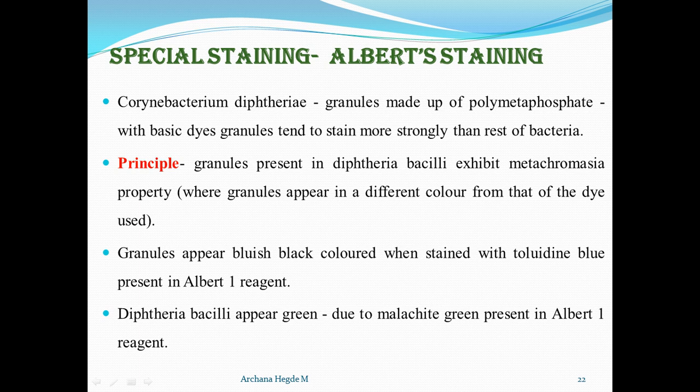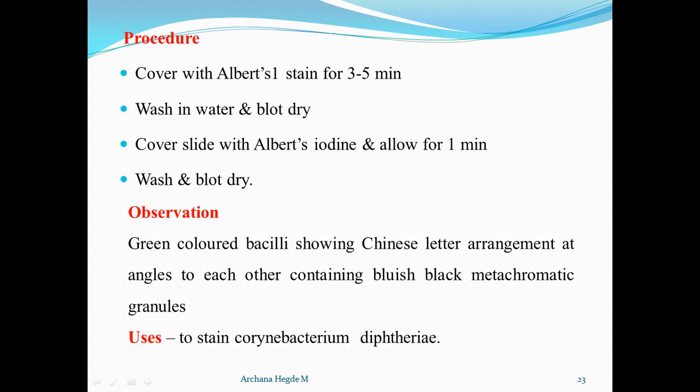Principle: granules present in diphtheria bacilli exhibit metachromasia, where granules appear in a different color from that of the dye used. Granules appear bluish black when stained with toluidine blue present in Albert 1 stain. Diphtheria bacilli appear green due to malachite green present in Albert 1 stain. Here, malachite green is also one of the stains.